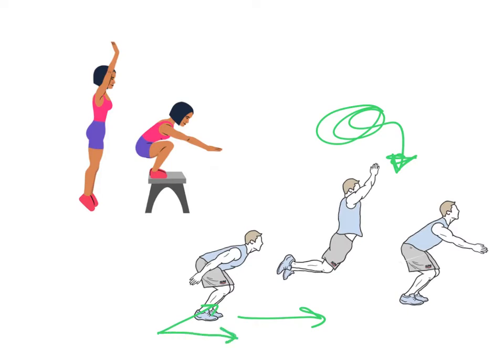Part of it is going in the horizontal direction, part of it in the vertical. Here in the box jump, most of your ground reaction force, even though it's slightly at an angle, slight bit horizontal, is in the vertical direction.